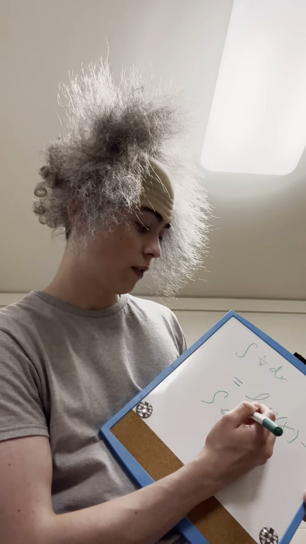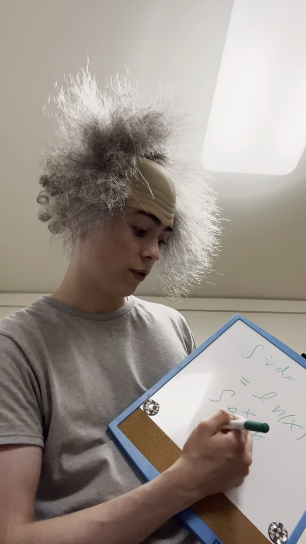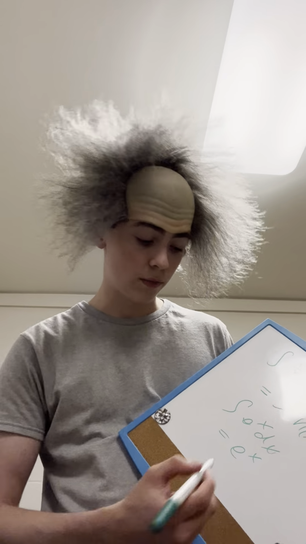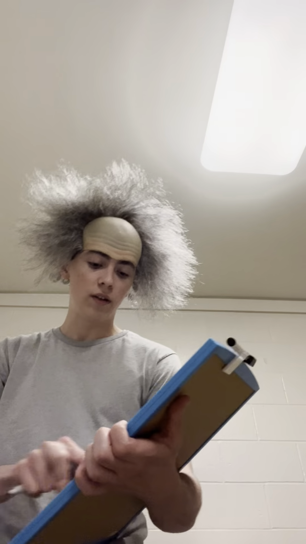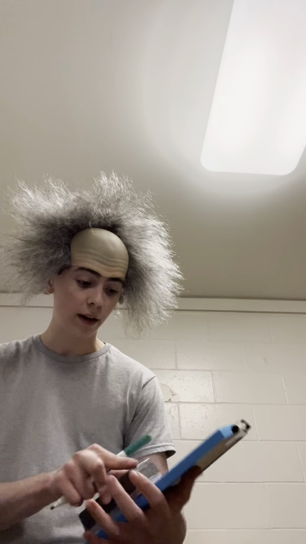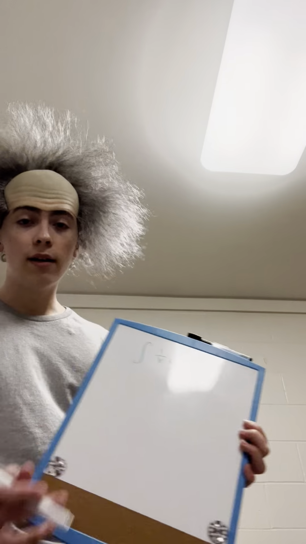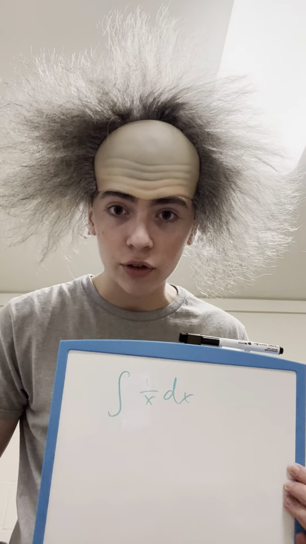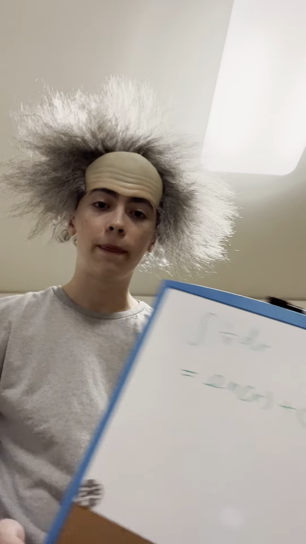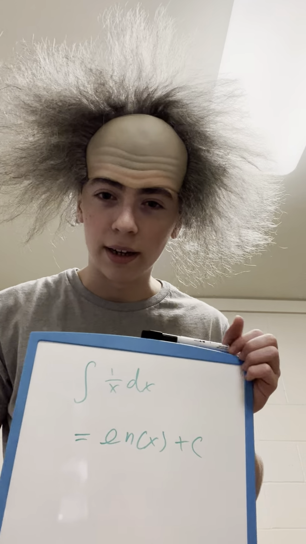Fun fact, the integral of e to the x dx is also just e to the x, plus c. Euler's constant is a very special number in mathematics, and it just happens that the integral of this rational function computes to be the natural logarithm of x. So that's a special identity in mathematics.